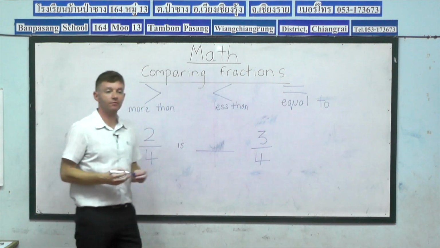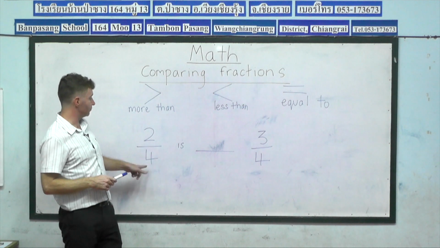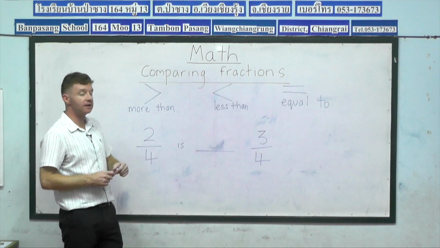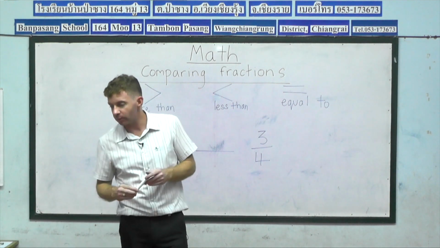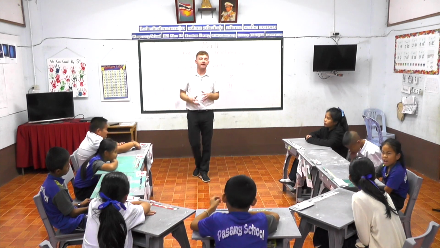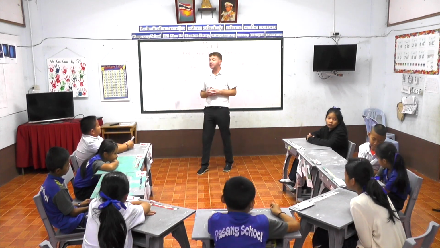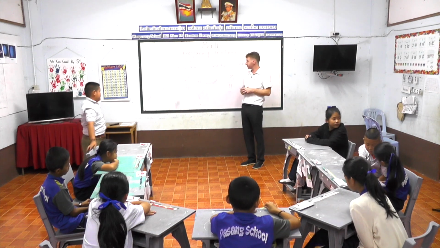Our next fraction, 3 over 4. So what we need to know, 2 over 4, what is it in relation to 3 over 4? And for this sequence, I would like to ask Net to come forward and help me on the board. So Net, bring your pen forward and we can do this one together.